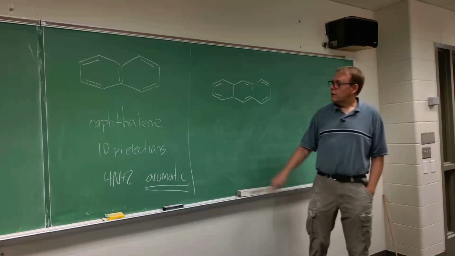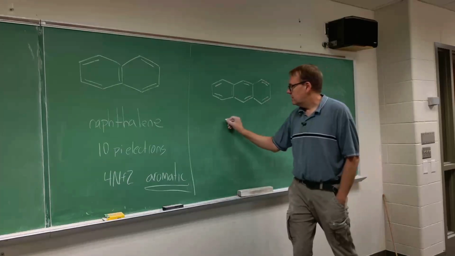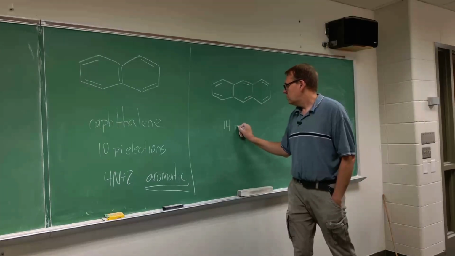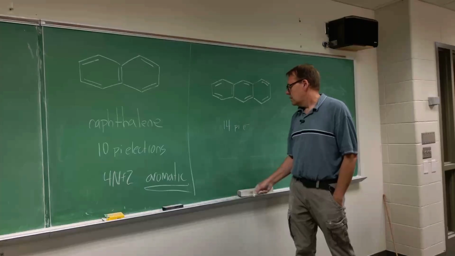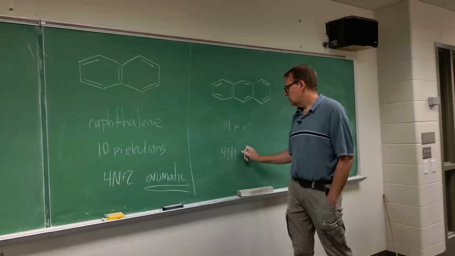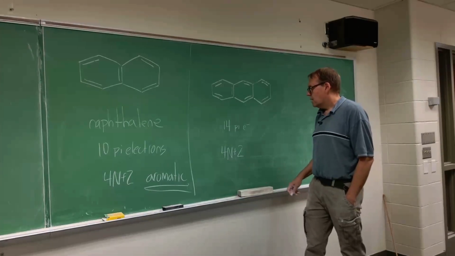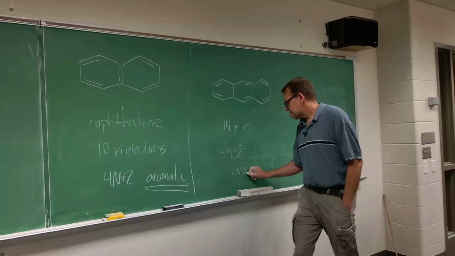And if you count up the pi electrons, there's 2, 4, 6, 8, 10, 12, 14. 14 pi electrons. That fits 4n plus 2, where n is equal to 3. And so this would be aromatic.